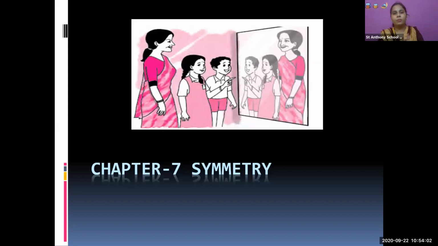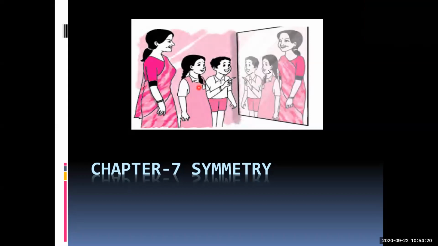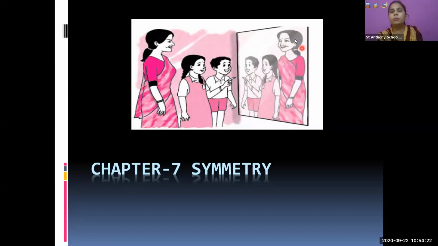But for example, if this is a teacher and she pinned her pallu to the left hand side, but if you see her in the mirror, then you can observe that her pallu looks to the right hand side.